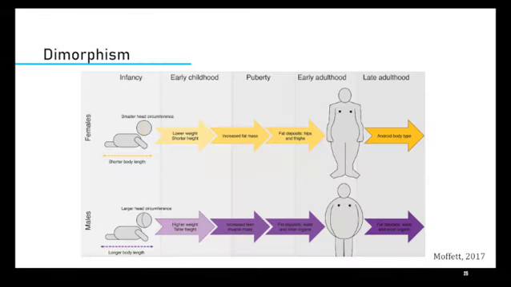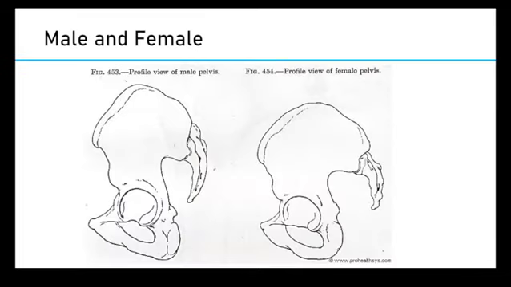So we have this concept in OB called dimorphism, which is the disproportion between the size of the head and the size of the body. And the size of the head is larger in males, which creates questions of engagement and passage of the child through the birth canal. So the body has adapted the pelvis for the female to be longer in this dimension, which makes the pelvis and birth canal larger.